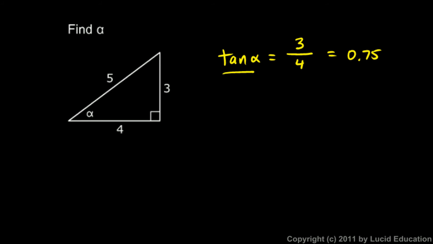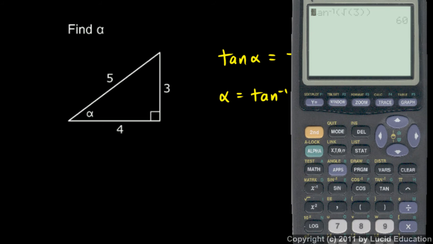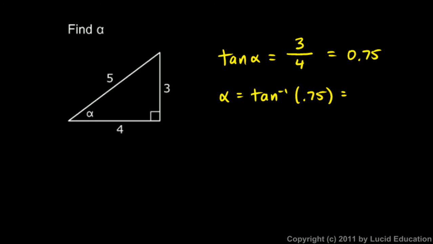So if the tangent of alpha is 0.75, then alpha will have to be the inverse tangent of 0.75. And we can do that on the calculator. Let's pull this up. Okay, the inverse tangent of 0.75, and there it is, 36.87 degrees.